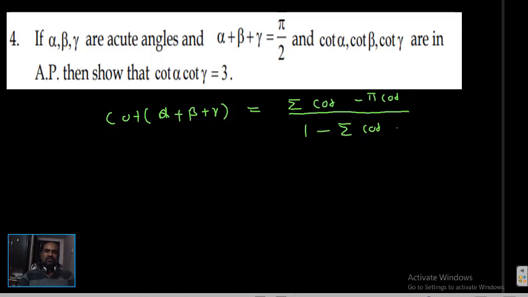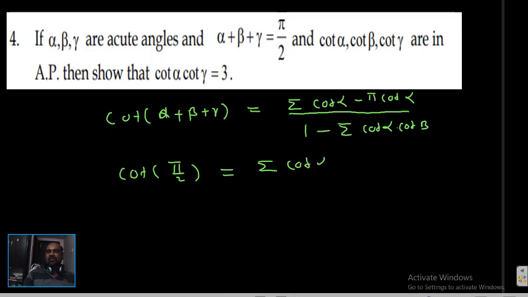Okay students. So here alpha, here also alpha, alpha, beta I can write, cot beta. Cot of pi by 2 equals sigma cot alpha minus pi cot alpha by 1 minus sigma cot alpha into cot beta.